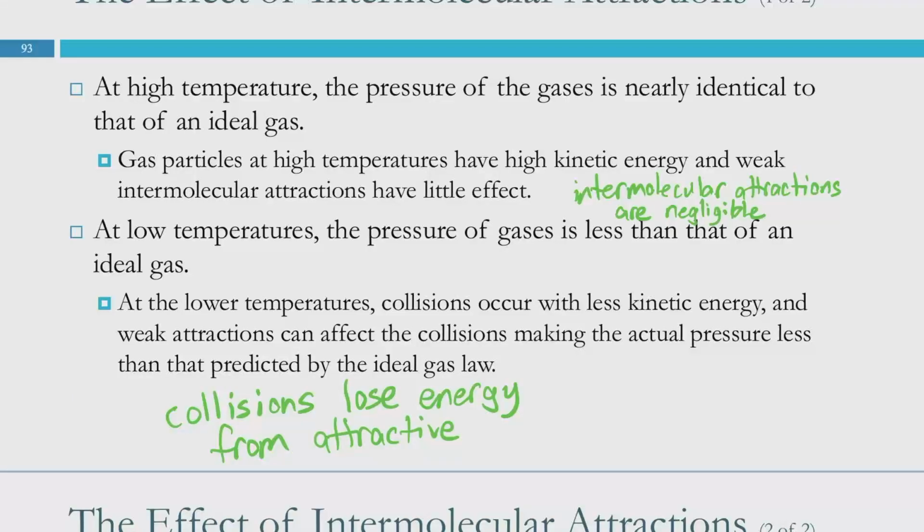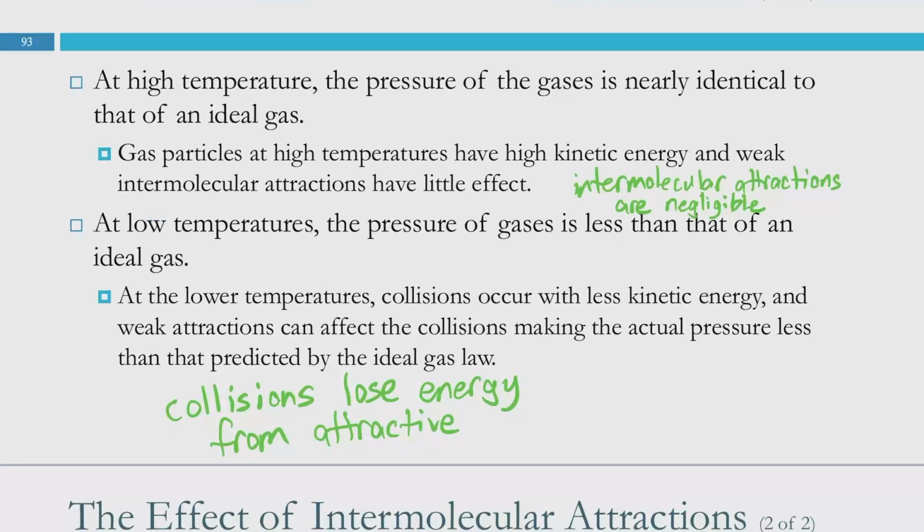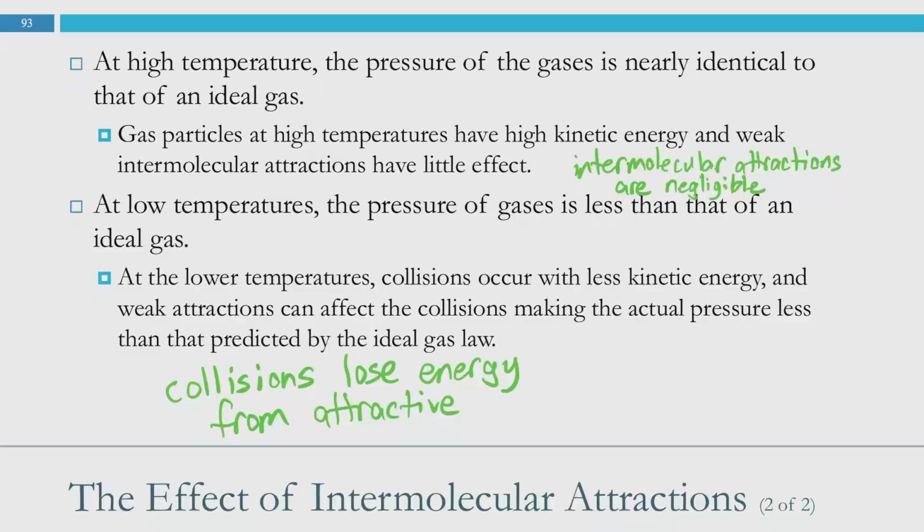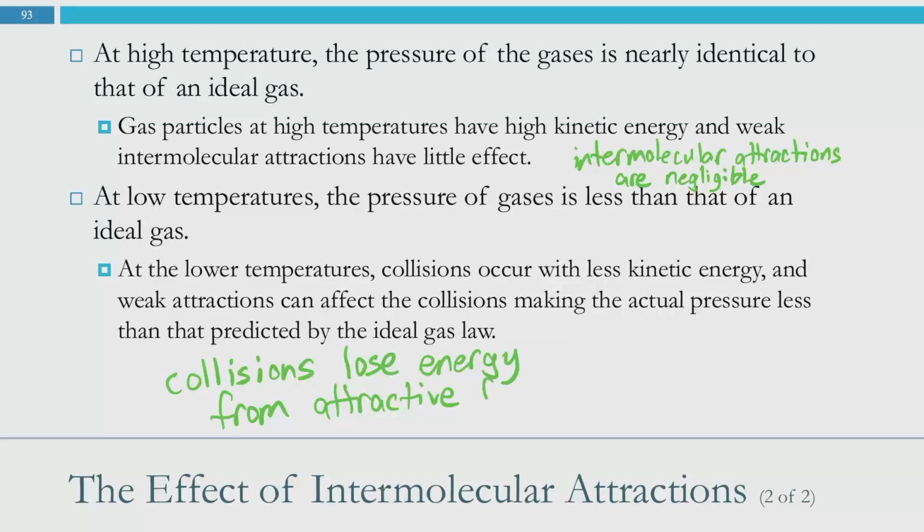That Velcro is causing the particles to stick a little bit and slow down. And so the pressure that we would expect to see with no slowing down from collisions is lower than we would expect. So the pressure is lower than an ideal gas.